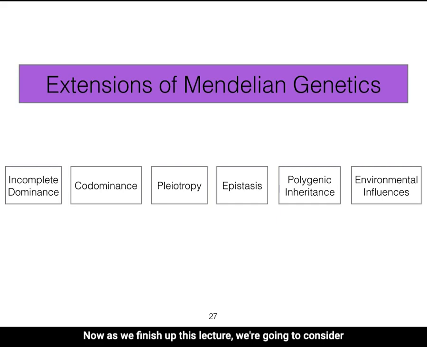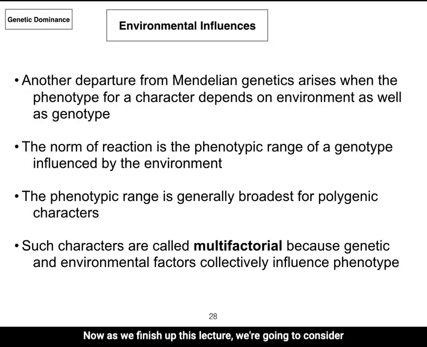Now, as we finish up this lecture, we're going to consider environmental influences. Another departure from simple Mendelian inheritance arises when the phenotype or the character depends on the environment as well as the genotype. A single tree locked into its inherited genotype has leaves.